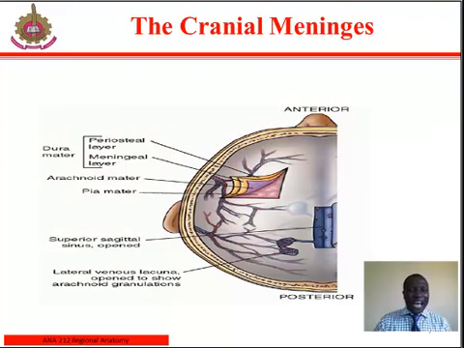The arachnoid and pia are continuous membranes that make up the leptomeninges. The arachnoid is separated from the pia by the subarachnoid space, which contains cerebrospinal fluid. This is a clear liquid similar in constitution to blood plasma.